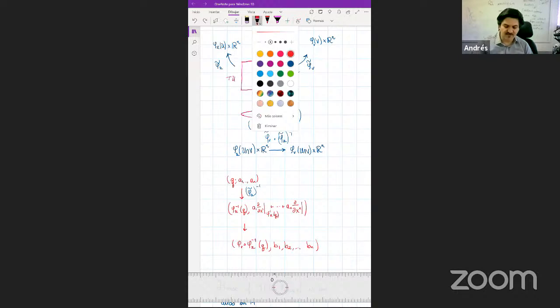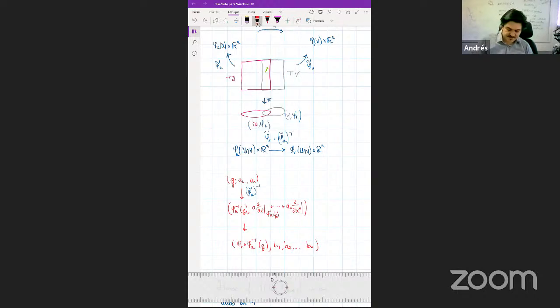So this is my smooth function. The transition function goes from here all the way up to here. So this function here. And we would like to show that that function is smooth. This entry only depends on q, and it is smooth because U and V are compatible charts.